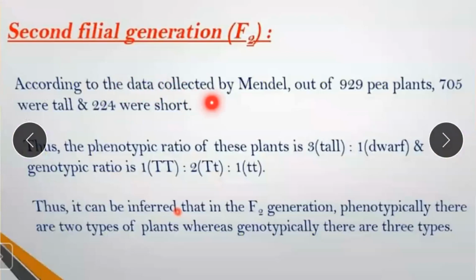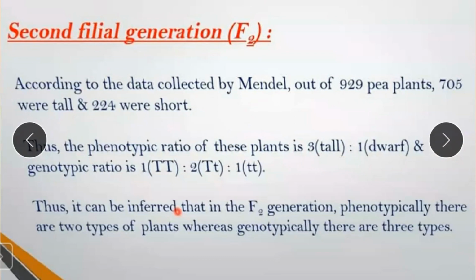According to the data collected by Mendel, out of 929 pea plants, 705 plants were tall and 224 were short. Thus, the phenotypic ratio of plants is 3 tall to 1 dwarf, and the genotypic ratio is 1:2:1.